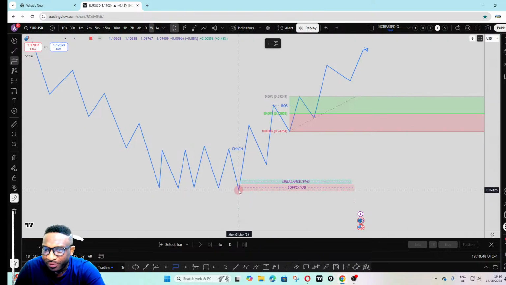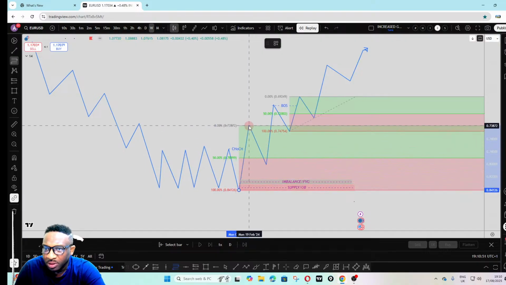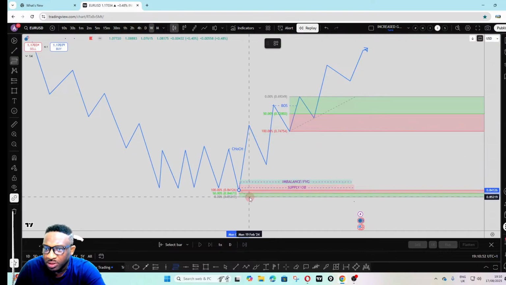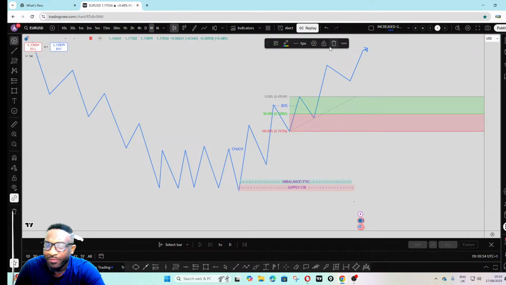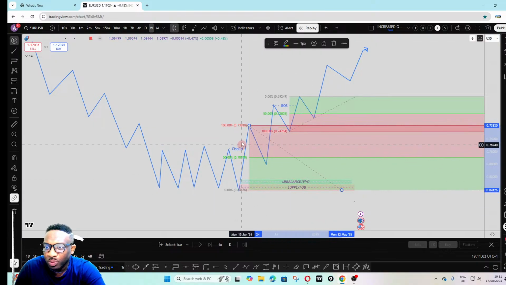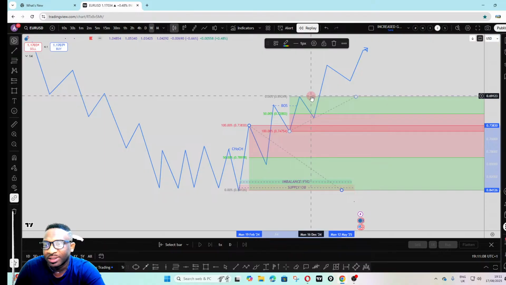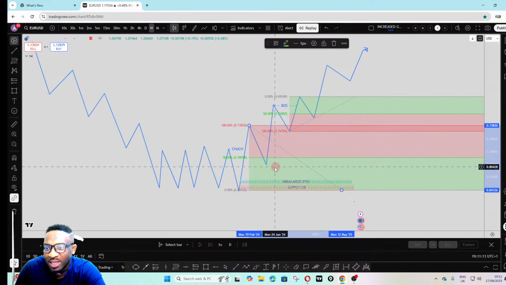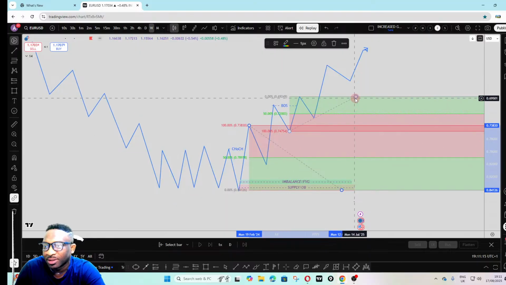So we measure from this high to this low because we want to buy from the discount area because it is now an uptrend. So we want to buy from the discount zone to the upside.